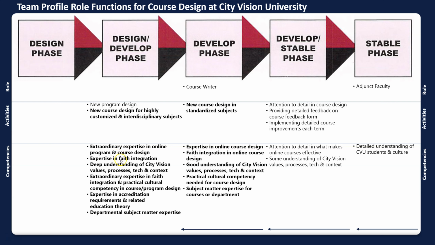You need expertise in faith integration. You need very deep understanding of City Vision's values, processes, tech, and content, extraordinary expertise in faith integration and practical cultural competency, expertise in accreditation requirements and related education theory, and then understanding departmental subject matter expertise.